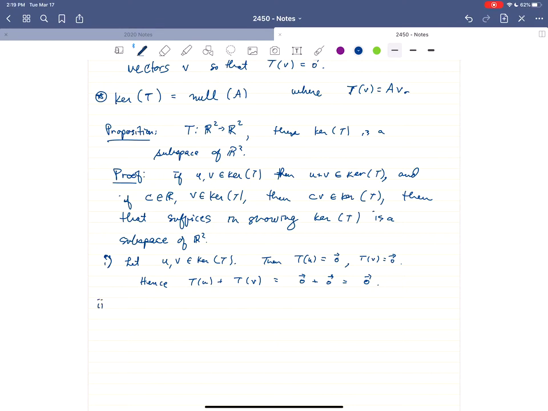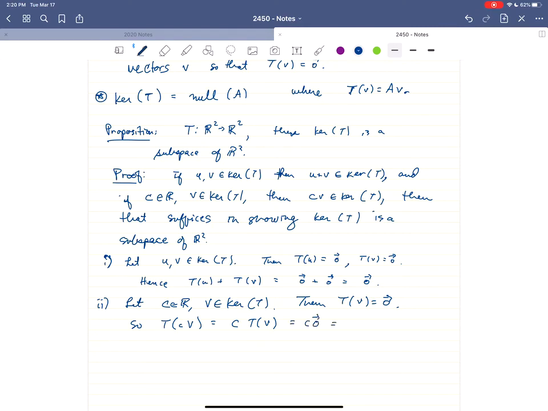Okay, so that's the first thing. The second criteria is let's let C be a real number, V a vector in the kernel of T, and then, of course, since it's in the kernel, that means that T of V is 0, and therefore T of CV is going to be C times T of V by homogeneity of the linear operator. T of V is 0.